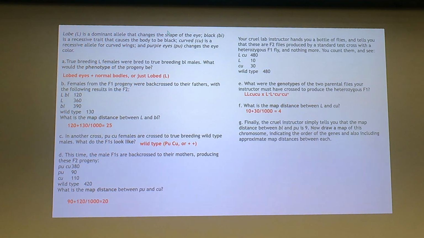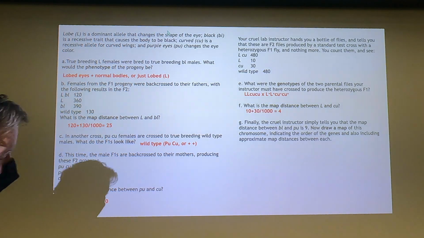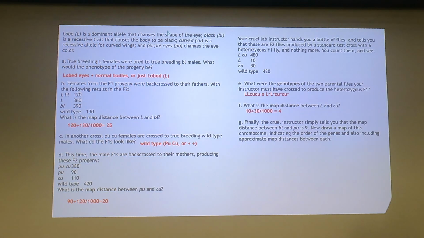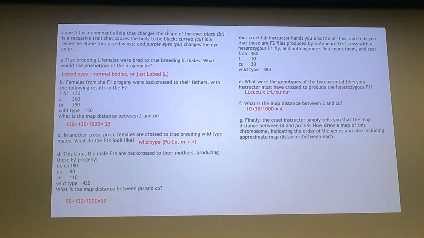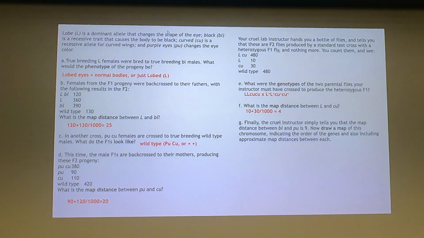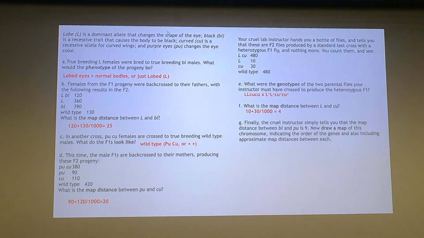How would you draw a map? You got a series of pairwise distances. This is like that classic Sturtevant measurement. Maybe it will help if I scribble it on the board over here. Okay, we got a series of measurements.